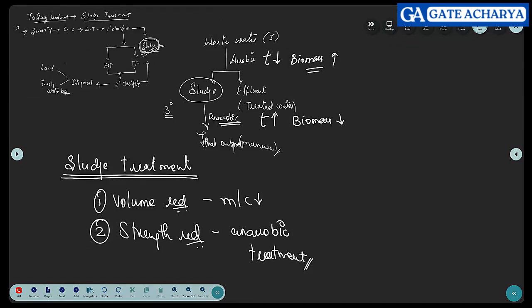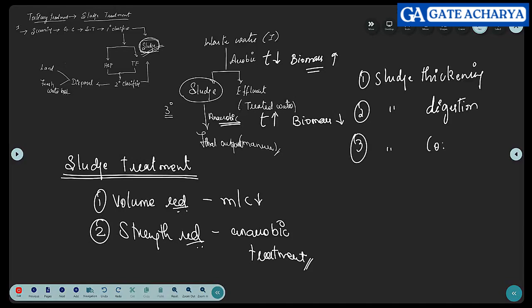Okay, so there are four step-by-step processes. The first one is sludge thickening. The next one is sludge digestion. The next one is sludge conditioning.